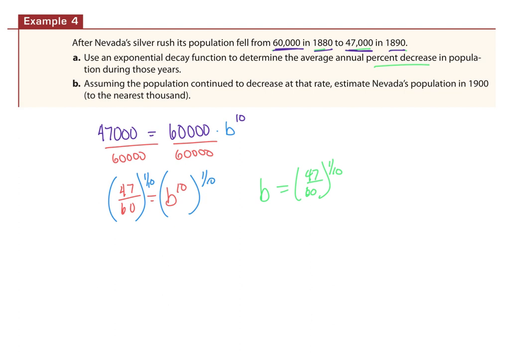That is going to be our b. And remember, to find your rate, b equals 1 plus r, we just subtract the 1. So b minus 1 equals r. So we get a negative 0.024, again, in percentage, negative 2.4%, which makes sense because it is decaying, it is going down.